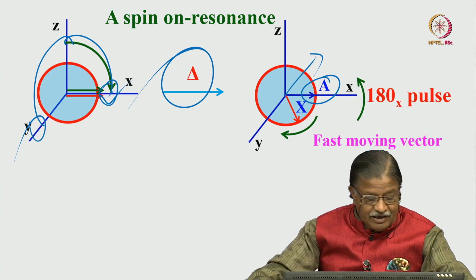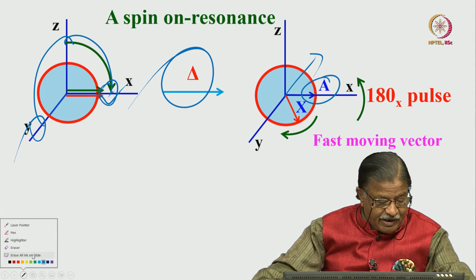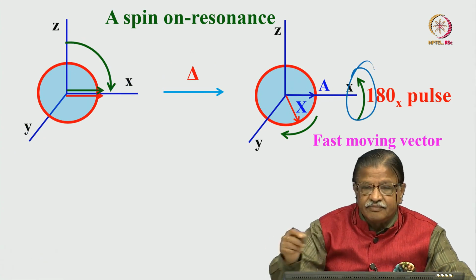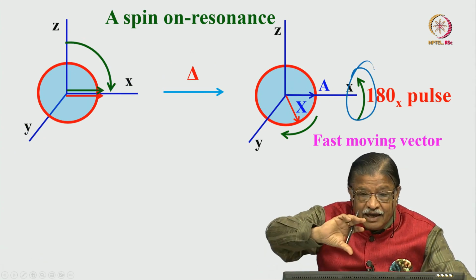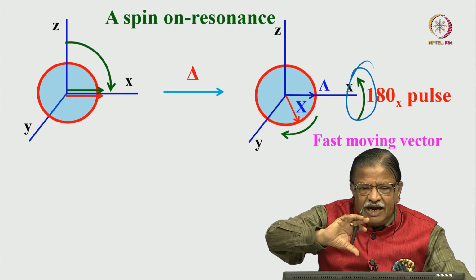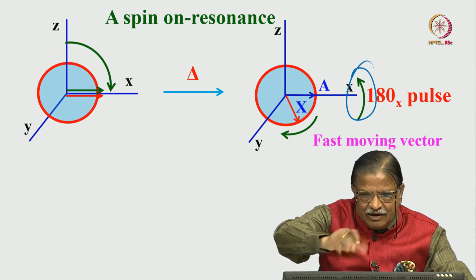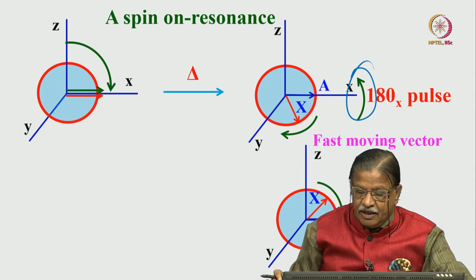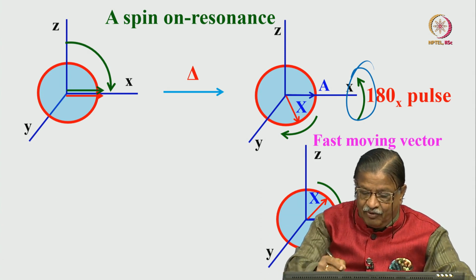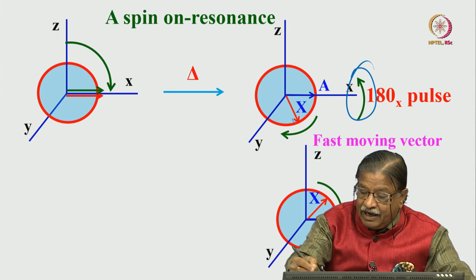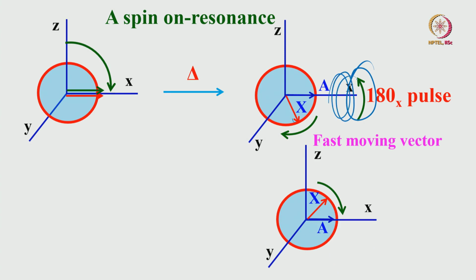At this stage, I am going to apply a 180 pulse. What does the 180 pulse do? It reverses things, it completely turns the table. The vector which was here, I am applying the 180 on the x-axis. It rotates about the x-axis by 180 degrees.